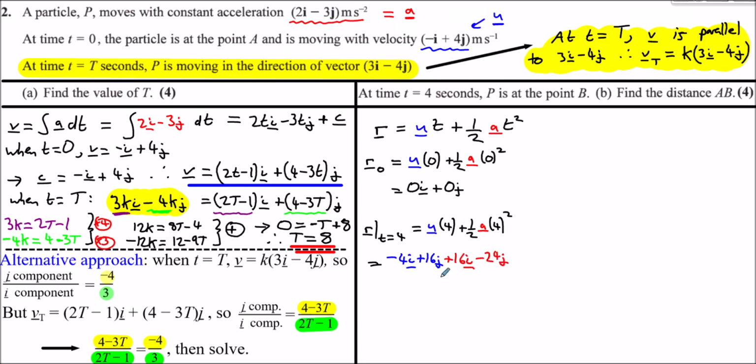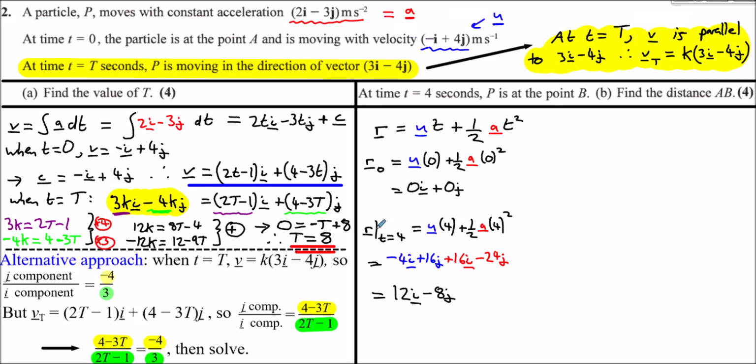Now we can simplify this down in terms of just simply i and j components. So in terms of the i components, I've got 16i here, take away 4i, so it'll be 12i overall, and then 16j minus 24j, that gives minus 8j.